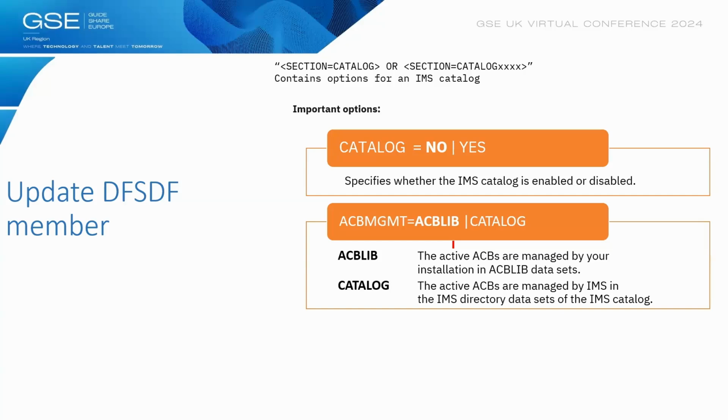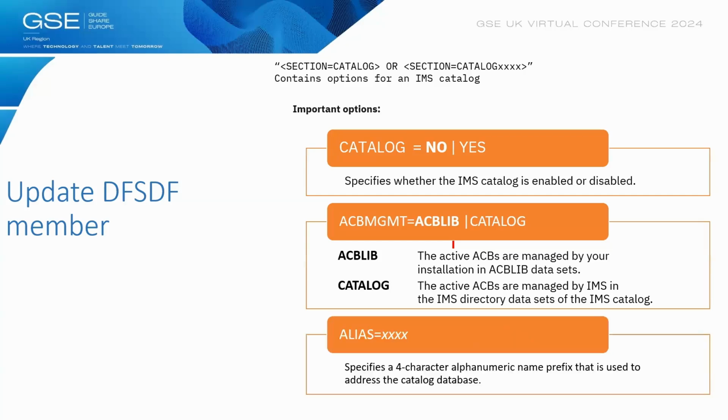When it is set to CATALOG, the active ACBs are managed by IMS in the IMS directory dataset of the IMS catalog. The third one is the alias name prefix that we want to provide for IMS. It can be 4 characters and alphanumeric.